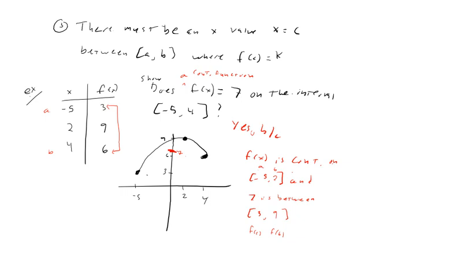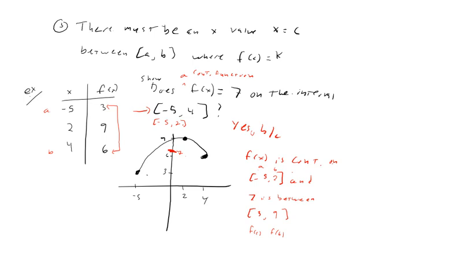I can choose the limits that I want to do. And it's okay to reduce it, right? I can choose from -5 to 2 because -5 to 2 is still within the interval from -5 to 4.